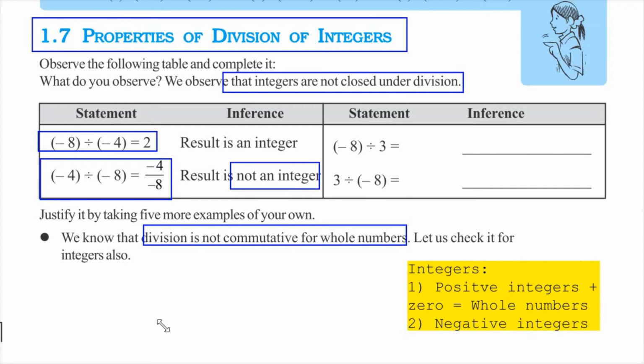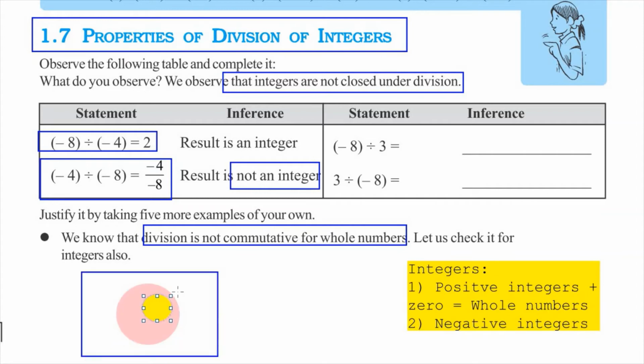Okay. So if you consider this as the set of integers, then whole numbers is just a subset in it. Okay. So this can be the set of whole numbers. But technically both integers and whole numbers are both infinite sets, and whole numbers take exactly half of the set of integers because we have positive integers and 0 together and negative integers that are forming the rest of the set of integers outside whole numbers.